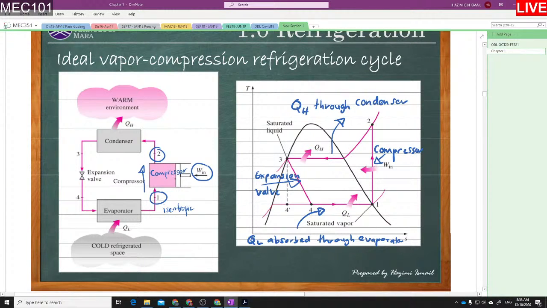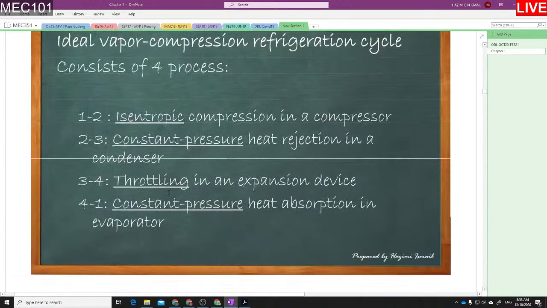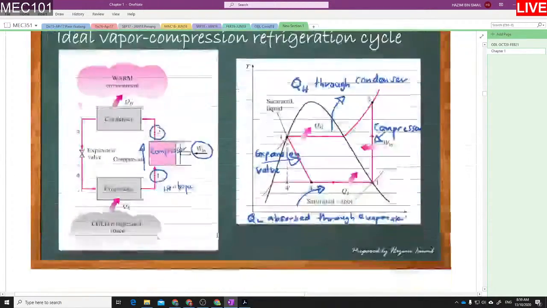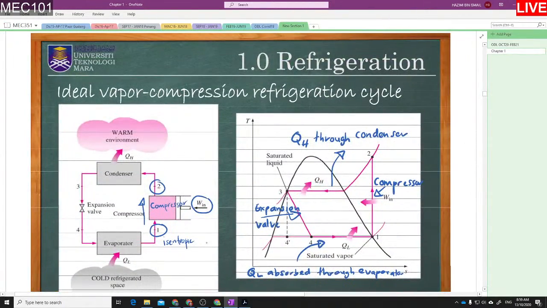Okay, what is the isentropic process from state 1 to state 2? Refer back, there is the compression process. So that term is just isentropic compression. Easy to memorize. State 1 to state 2.